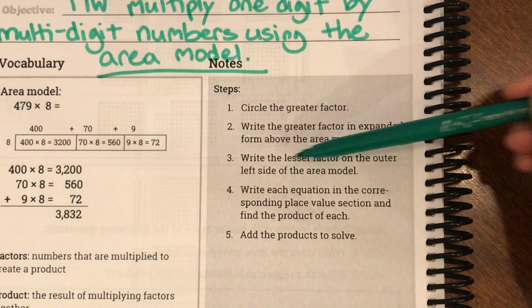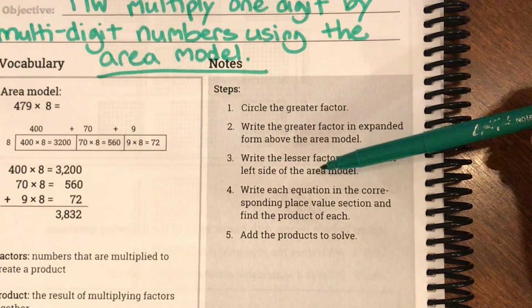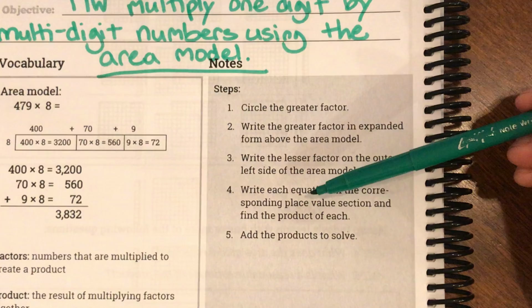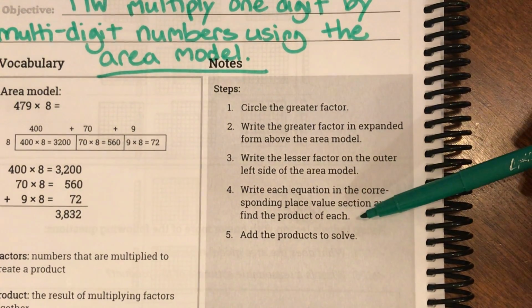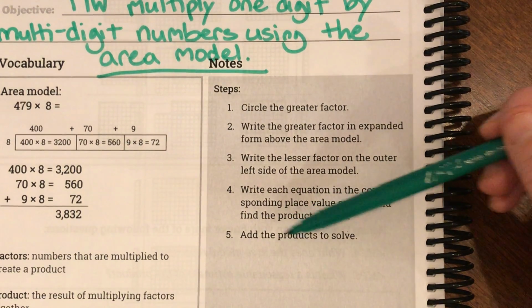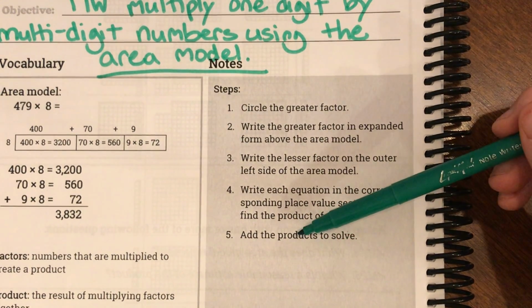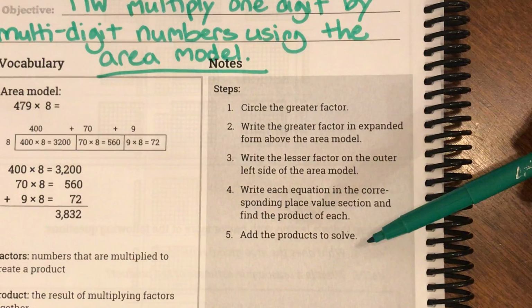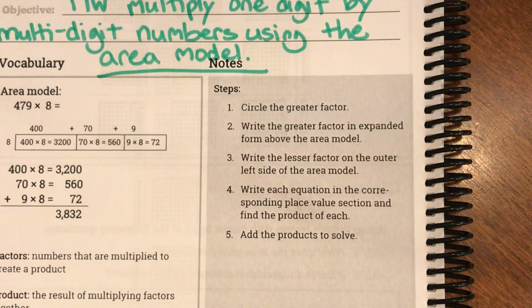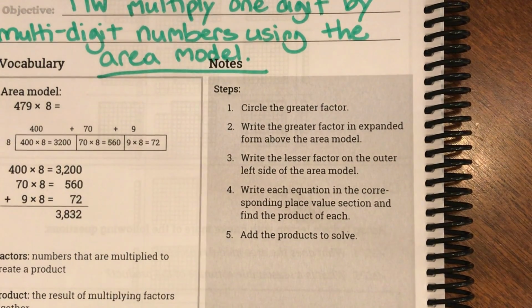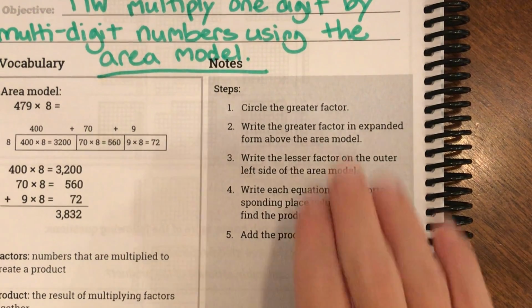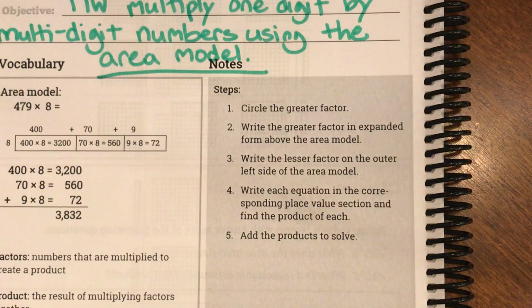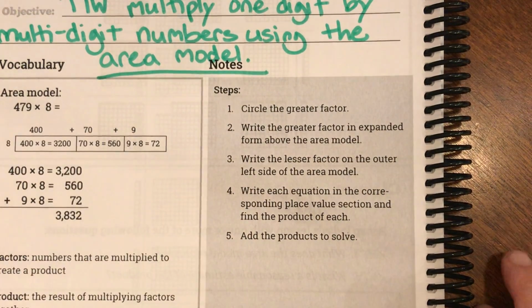Then we're going to write the lesser factor on the outer left side, and then write each equation in the corresponding place value section and find the product of each, and then add the products to solve. It's actually adding the partial products, because they're not the actual answers, they're just parts of the answer. Okay, so these steps are great. When I'm doing my work, I want you to look back and watch me do the steps, because these will be really helpful for you.